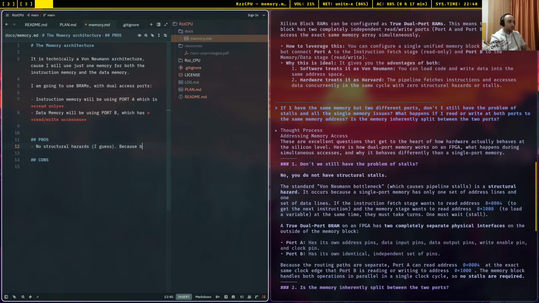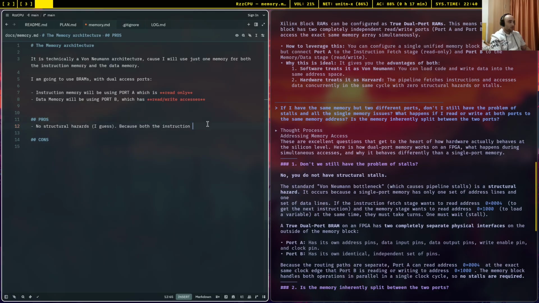Because both the instruction, let's close this. IMM and DMM, oh my gosh, we'll always have separate hardware to access the memory.